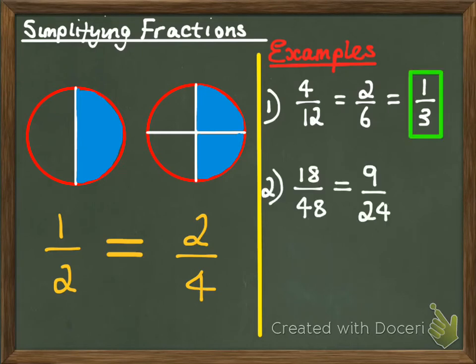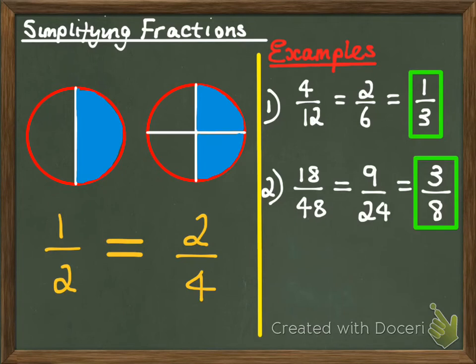Question number 2 is going to be 18 over 48, and I've got that equals 9 over 24. I've picked the number 2 again. 2 goes into 18 9 times. 2 goes into 48 24 times. Can I simplify it further? Yes, I can, because I know a number which goes into 24 and 9, and that number is 3. 3 goes into 9 3 times, and 3 goes into 24 8 times.